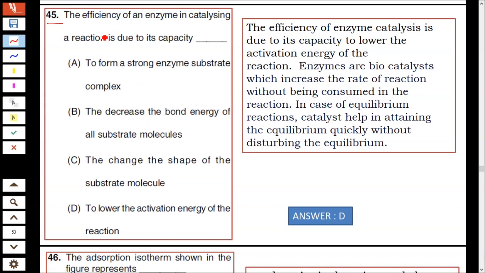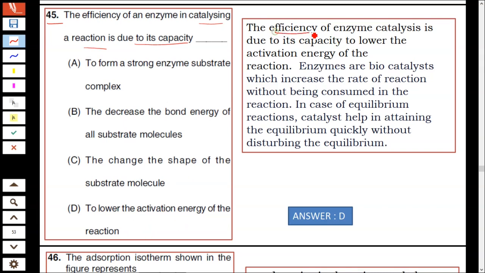Question number 45. The efficiency of an enzyme in catalyzing a reaction is due to its capacity. What is the purpose of using an enzyme as a catalyst in the reaction? The options are to form a strong enzyme substrate complex, to decrease the bond energy of the substrate, to change the shape of the substrate, to lower the activation energy of the reaction.